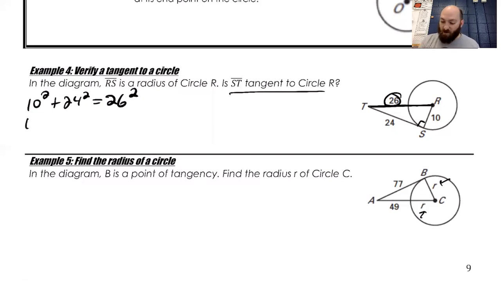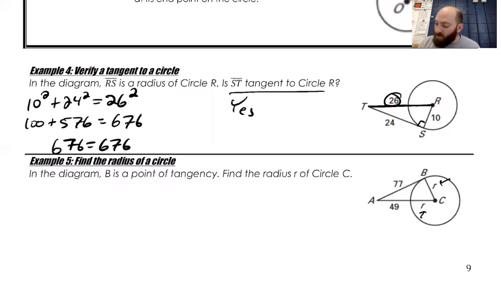So if I do 10 squared is 100, 24 squared is 576, and then 26 squared is 676. And I do indeed get 676 equal to 676.